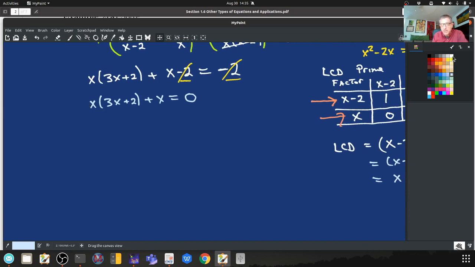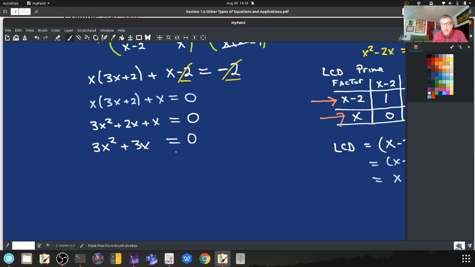We can all solve this by now. We're going to use distribution here. x times 3x is 3x squared. x times 2 plus 2 is 2x. Plus x is equal to 0. So let's go ahead and collect like terms on the left-hand side. So that gives me 3x squared plus 3x is equal to 0.